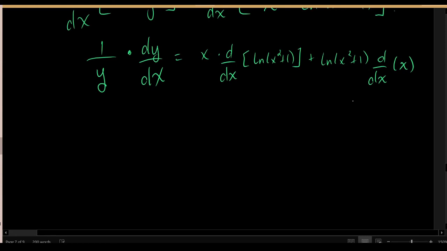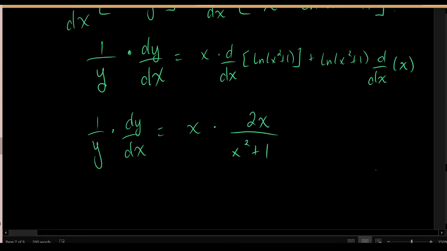and once again, working on simplifying the right side of the equation, we have an opportunity to use the shortcut formula for the derivative of natural log of x squared plus 1. That would be equal to x squared plus 1 in the denominator and the derivative 2x in the numerator.